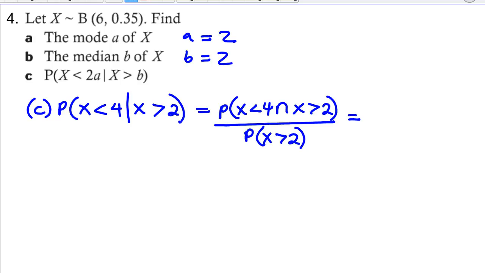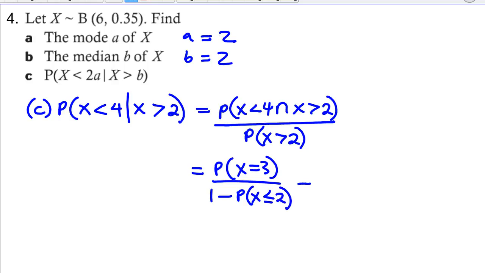And this is the same as, actually I can write it below here. Probability X is equal, I mean the intersection of that is 3. Given that this is a discrete random variable, keep that in mind. And here we have to write it in this form so that we can plug it in the calculator.